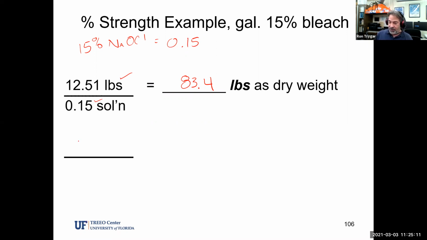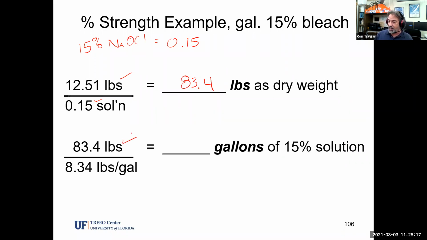And now we populate the slide down here. I'm going to write that number in here, 83.4 pounds. And what we're going to do is divide it by the pounds per gallon. It's just a coincidence that it worked out this way. I wasn't planning for these numbers to look so similar. It's purely a coincidence because we didn't plan for it.